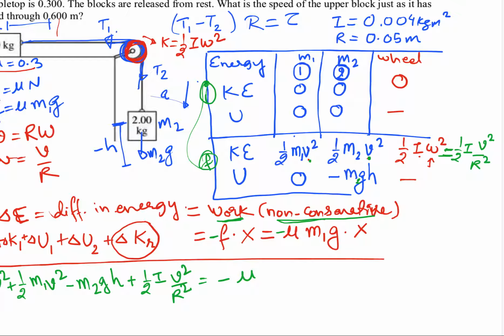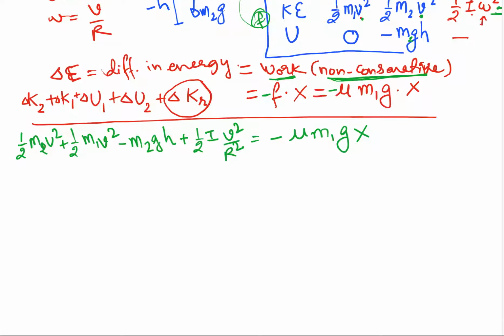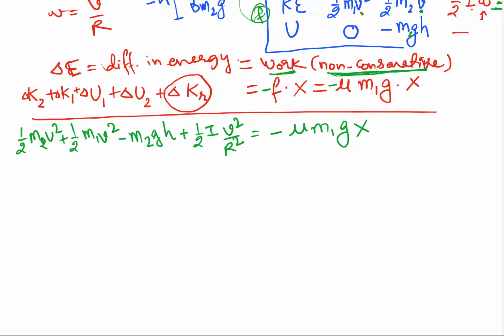If it was a conservative force such as gravity, then this part would be zero, but there is friction, so that's going to be mu times m1 g times x, and these values are supplied here.